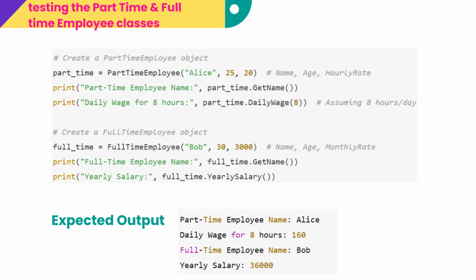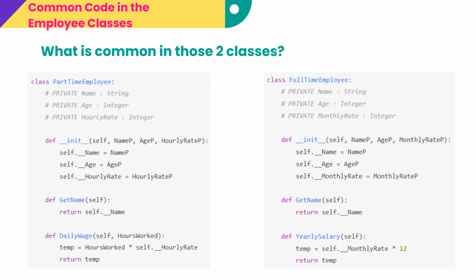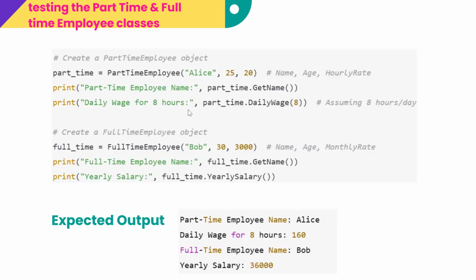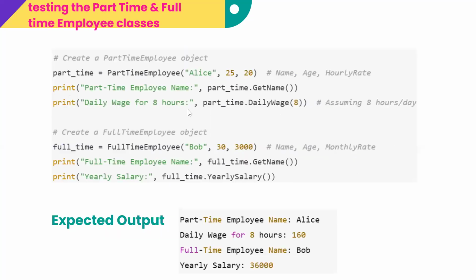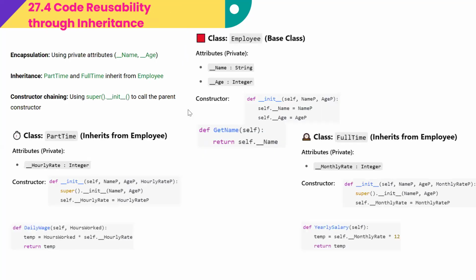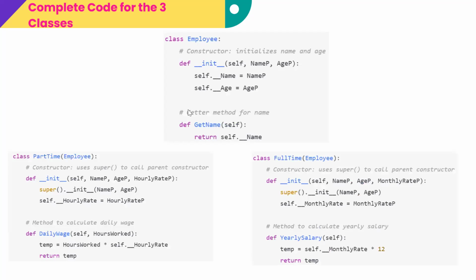Yes. We already remember from last time that we have similar attributes and even functions, and we agreed that we will create a base class to save the place and the time when we are designing, right? Yes.